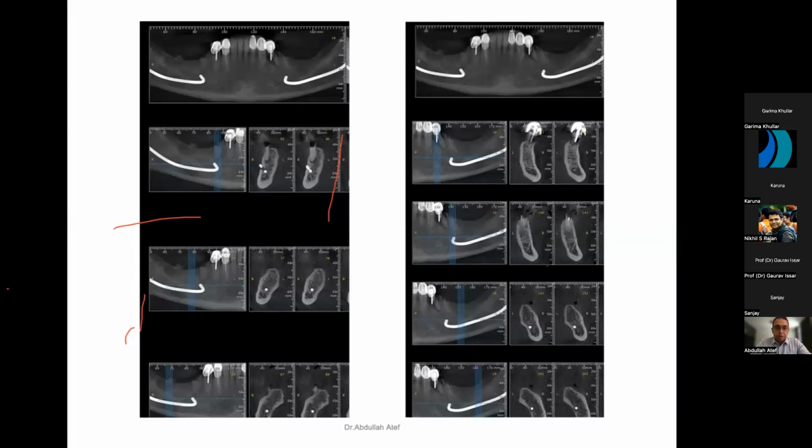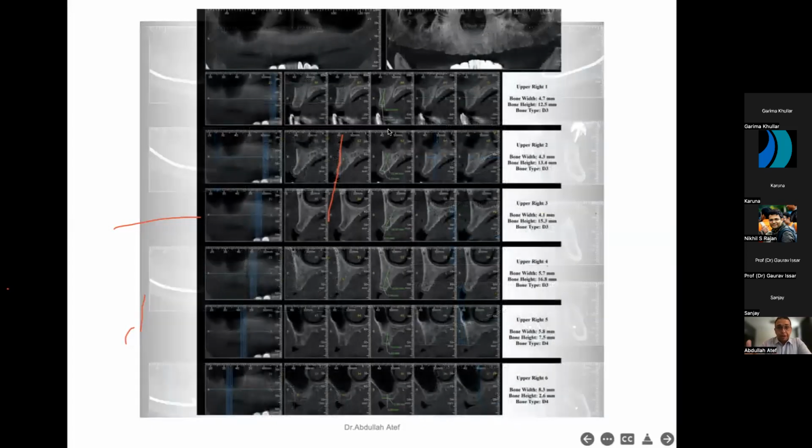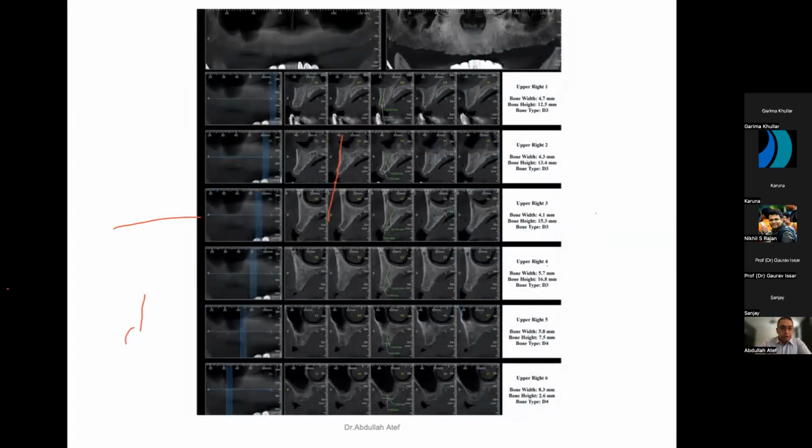When we look at the maxilla, we also have enough bone width and height in most of the area, except for sinus pneumatization, or lower height in the maxillary sinus on the right side.